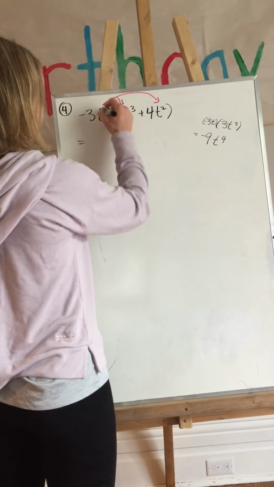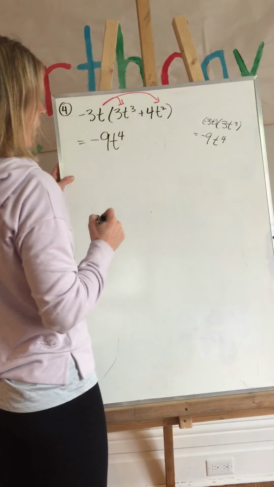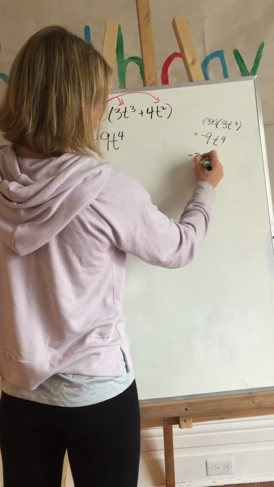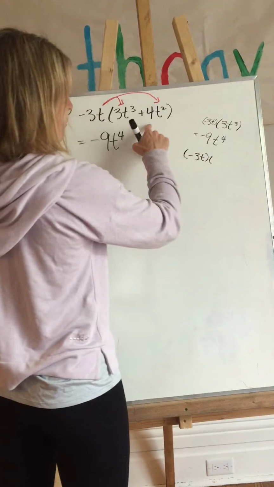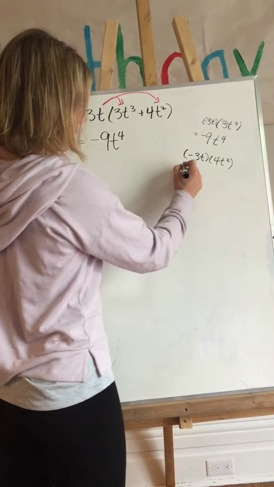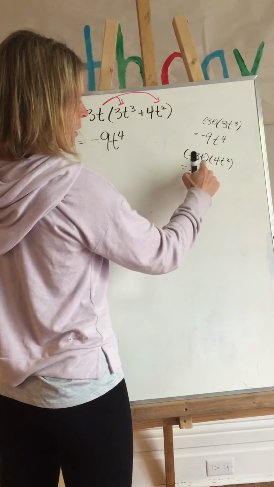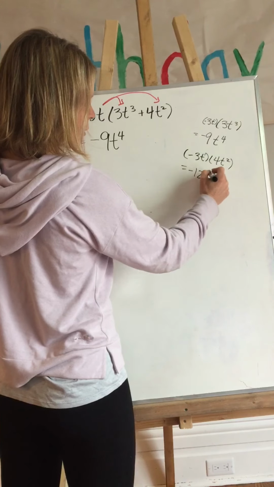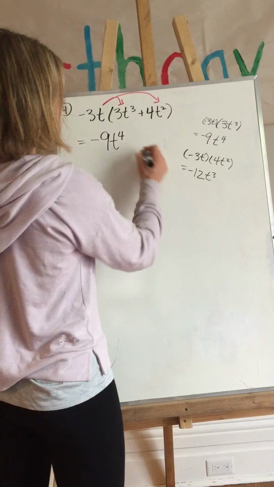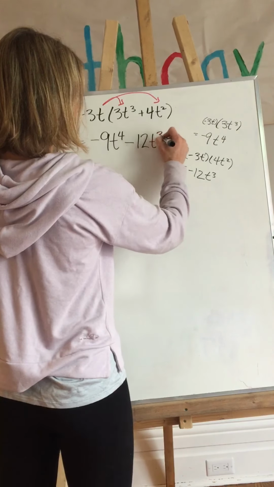So my first term for my first arrow is negative 9t to the power 4. My second arrow is negative 3t times 4t squared. Negative 3 times 4 is negative 12. That has a 1, so t, it's going to be t cubed, 1 plus 2. And it's negative, so it's going to be minus 12t cubed.